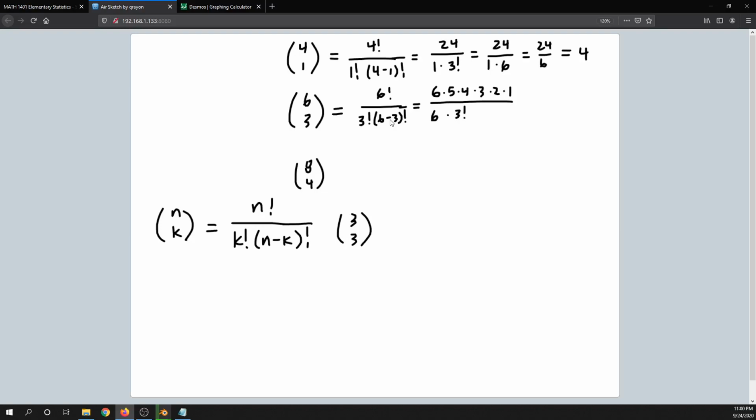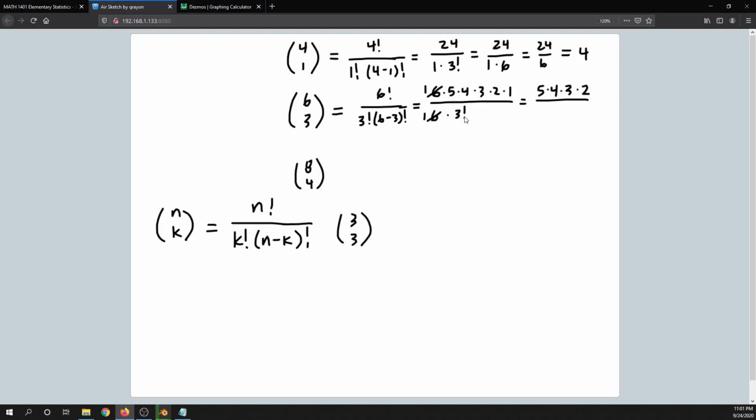All right, and then you can start canceling some common factors here, right? All of this is multiplication, and we can cancel common factors between the top and the bottom. So here 6 goes into itself once. On top we have 5 times 4 times 3 times 2. I'm not going to bother to write the ones, because 1 times anything is just itself.